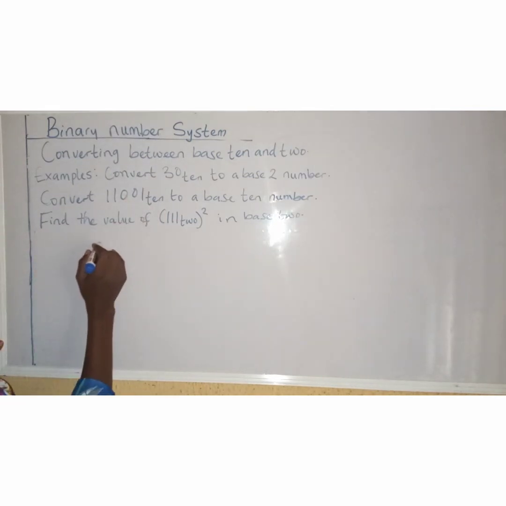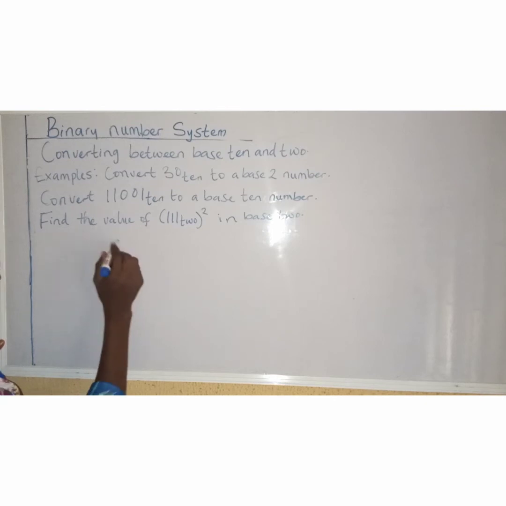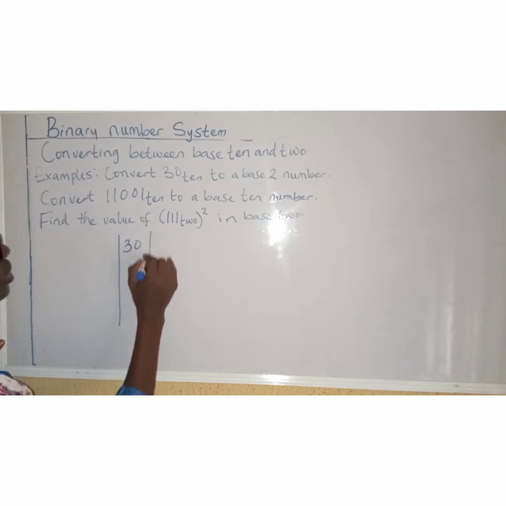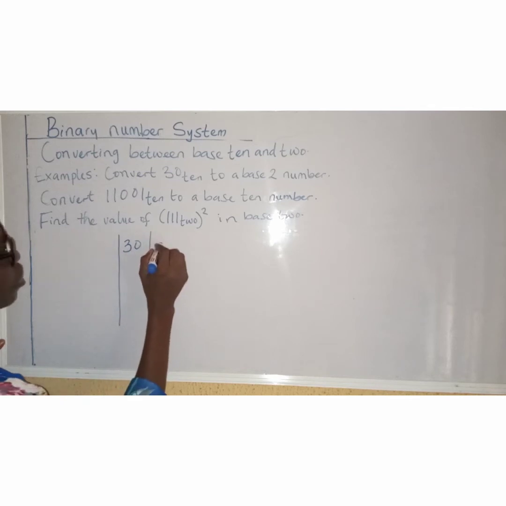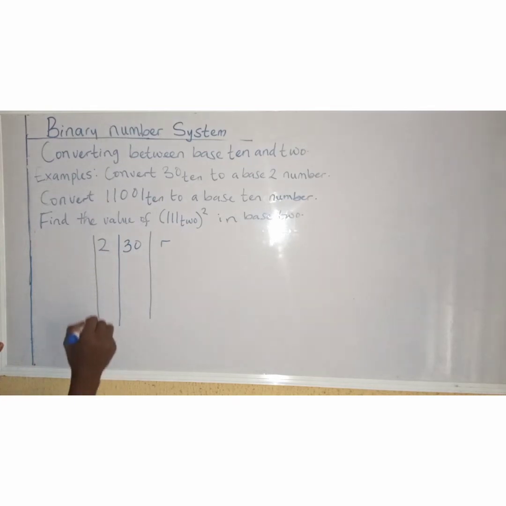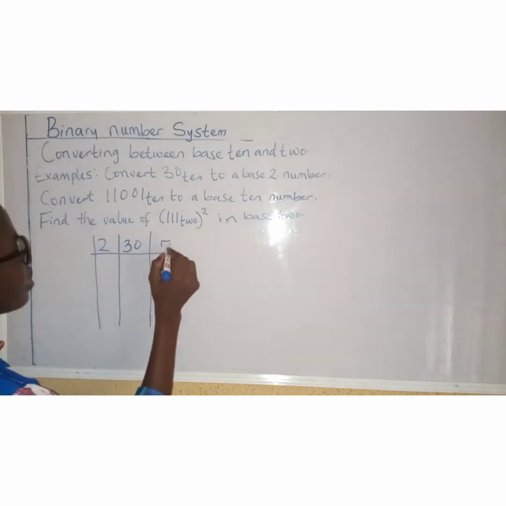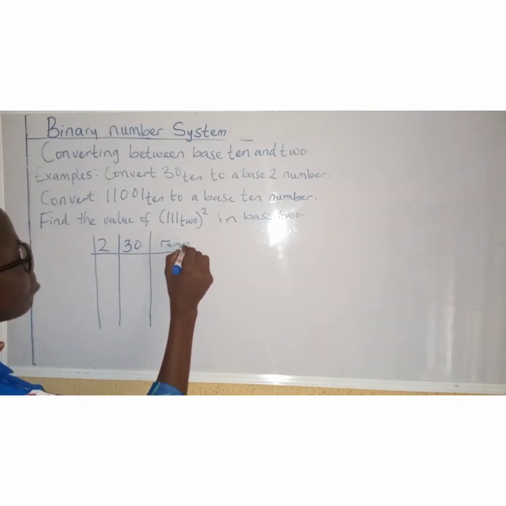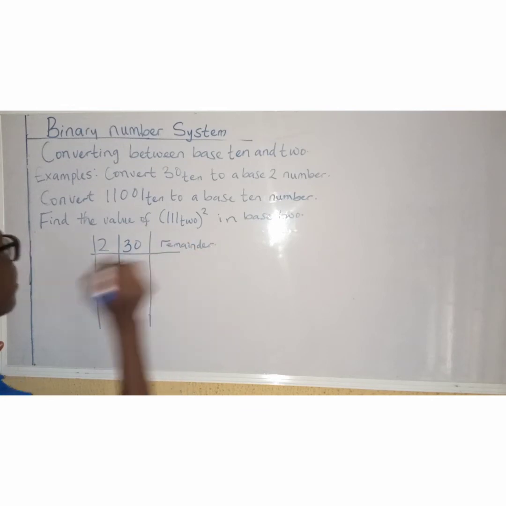Just have your number here. Of course, like you have your 30, which is the number you are dividing. Then you also have your remainder. You also have your divisor. You are going to base 2. So you use 2 to divide the 30, and this is going to be where you record your remainder.